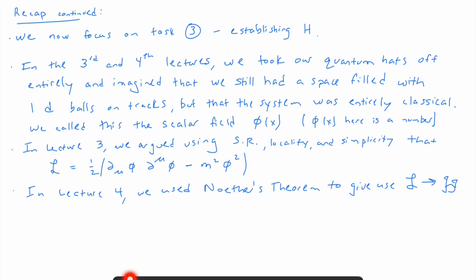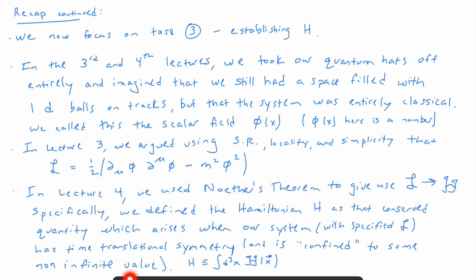Then, in lecture 4, knowing that our purpose was still to establish H, we used Noether's theorem, a very powerful and beautiful theorem, to give us the formula to get the Hamiltonian density from the Lagrangian density. Specifically, the summary was the following.